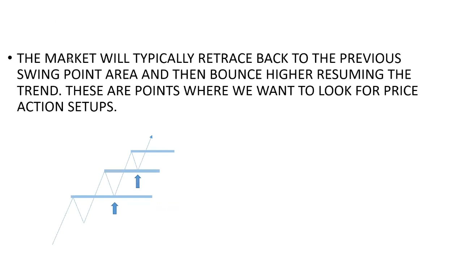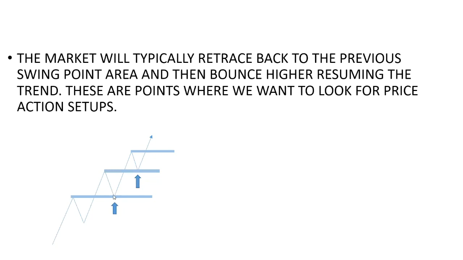Let's take a look at more words on the retracement. The market will typically retrace back to the previous swing point area and then bounce higher, resuming the trend. These are points where we want to look for price action setups. This is an uptrend in the scenario. Price came from the low, it went up high, created a higher low, broke the resistance, turned into support.